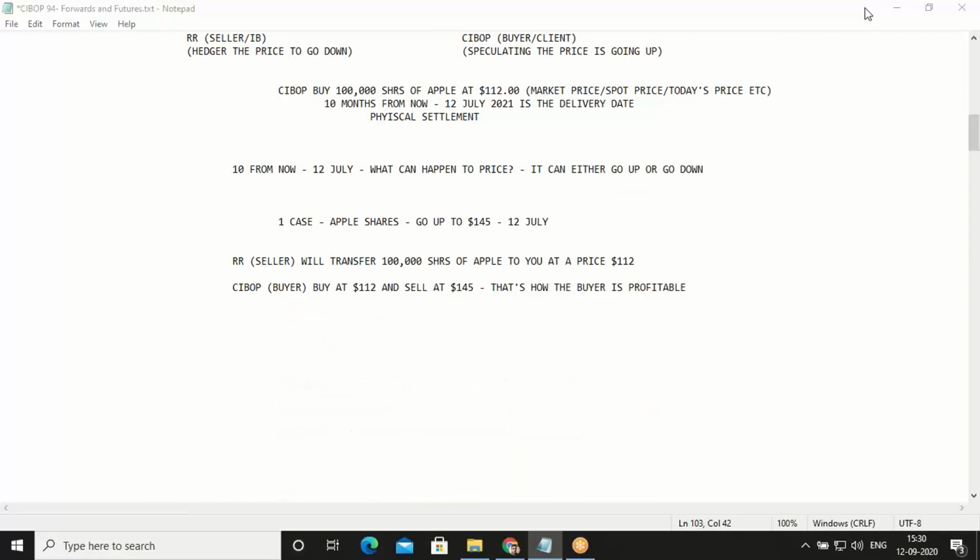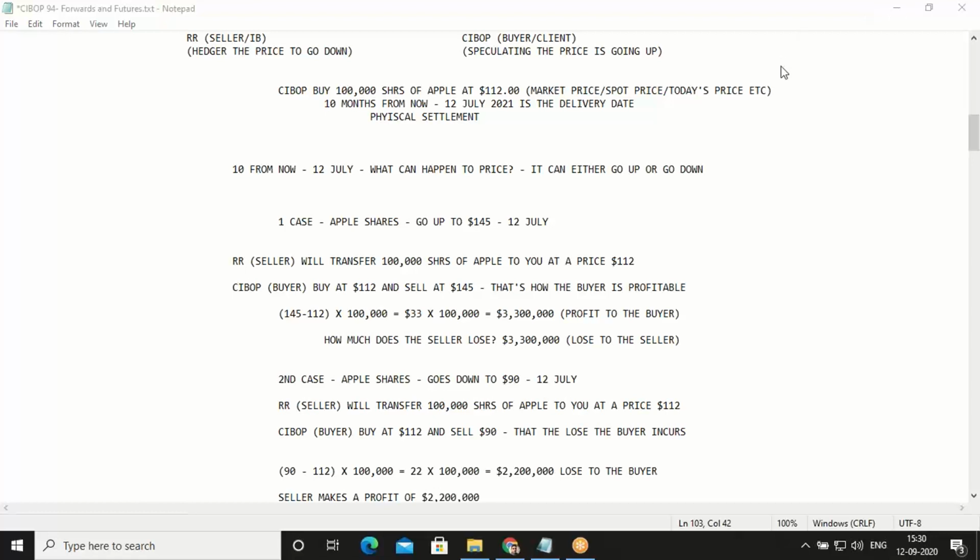Yes. Okay. Now, what some of you will do is go to Google and Google example of forward contract, and they'll give you rice, wheat, and all of that. Now, when you go to an interview, if you talk about rice and wheat, that's not going to be very much appreciated, even with me when I take your vivas.